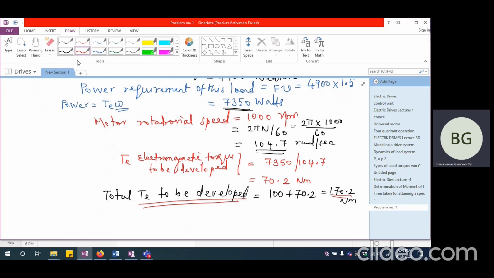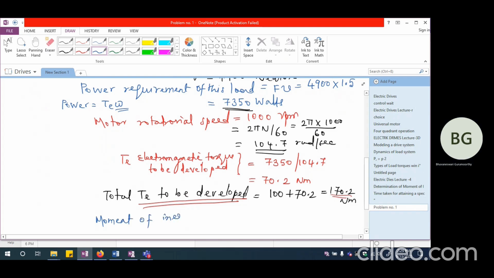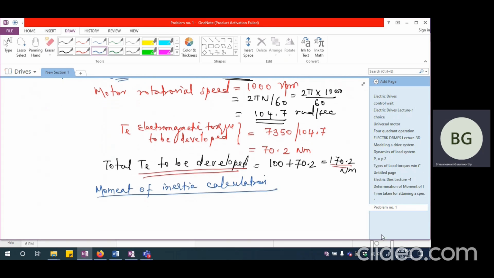The next one that we need to calculate is the moment of inertia. So, moment of inertia calculation. The first thing we need to calculate is, by the translationally moving mechanism, what is the kinetic energy stored?